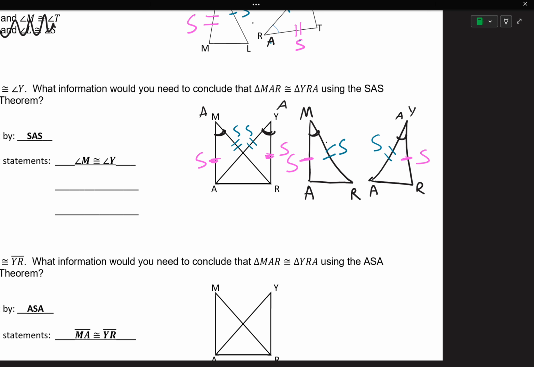The angle is already given to us. Okay, let's write down the congruency statements. We would need AM to be congruent to RY, and we would also need MR congruent to YA.